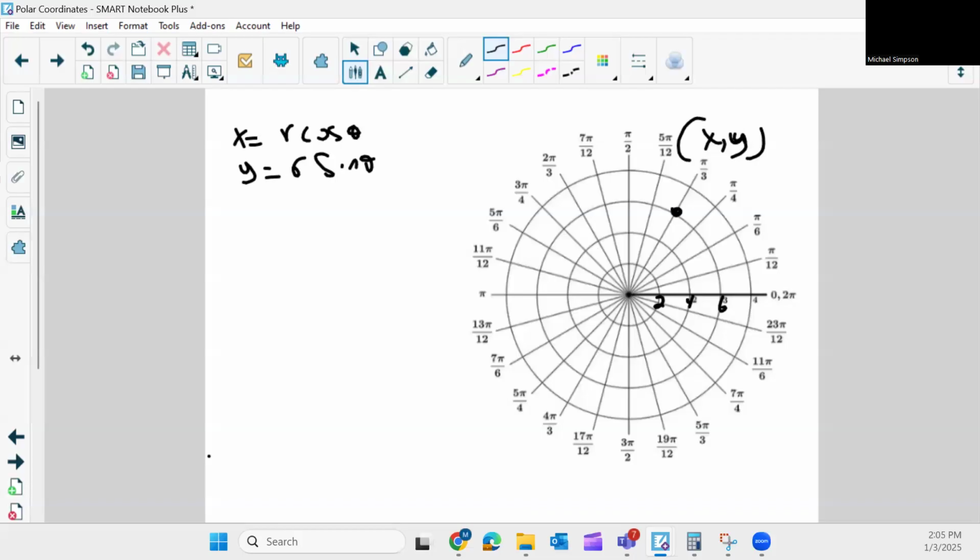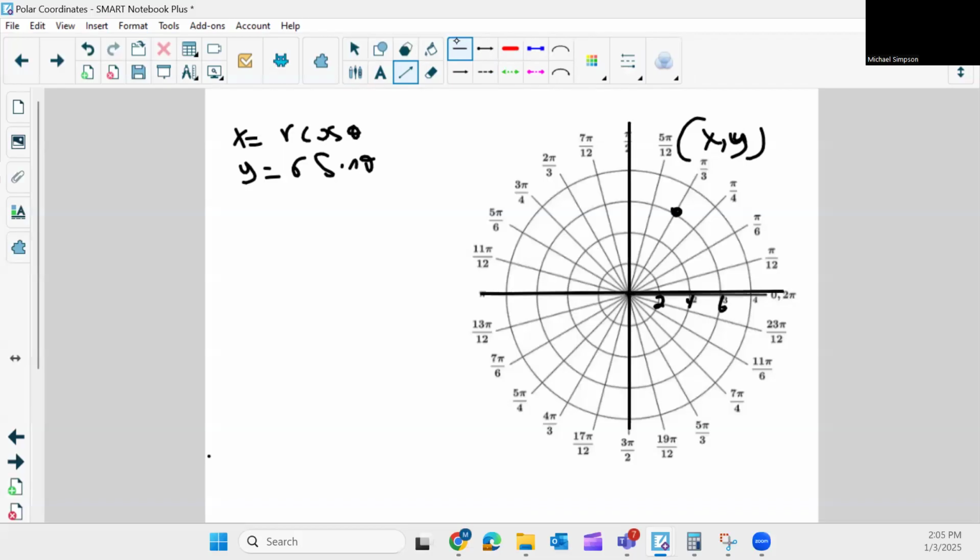Okay. But how do we get these formulas for x and y? Well, we'll learn this within the unit circle, but I'm going to go back and show this quickly. Now, suppose I put an XY plane on the polar. So let's suppose this is my y axis, that is my x axis. And you can see where I'm going with this.